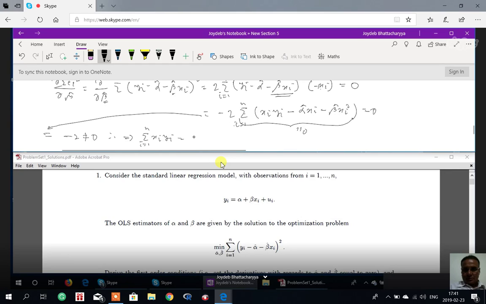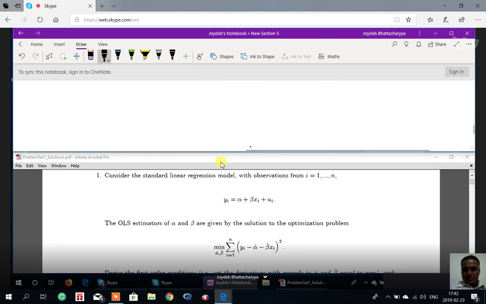That means it becomes summation alpha hat summation xi plus beta hat summation xi square, i running from 1 to n.